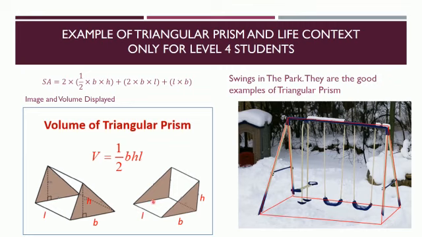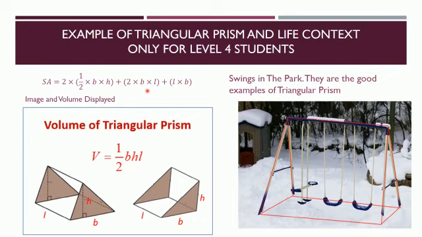And its surface area is 2 of the triangles. Remember this formula is for a triangle, half base times height. Which triangle? This triangle and that triangle. 2 of this triangle plus 2 times breadth times length. 2 of the rectangles.